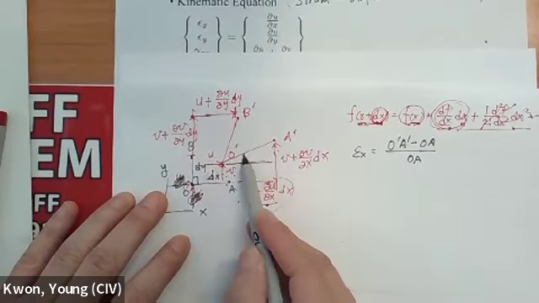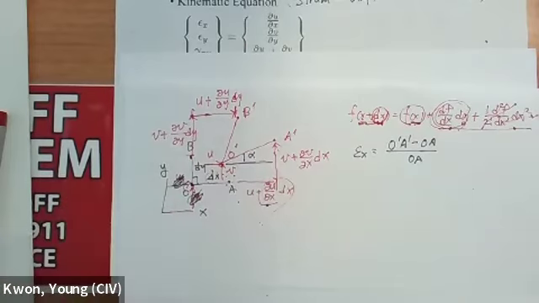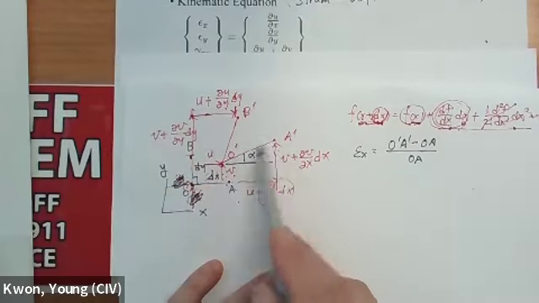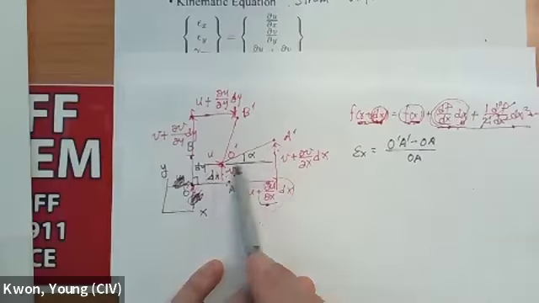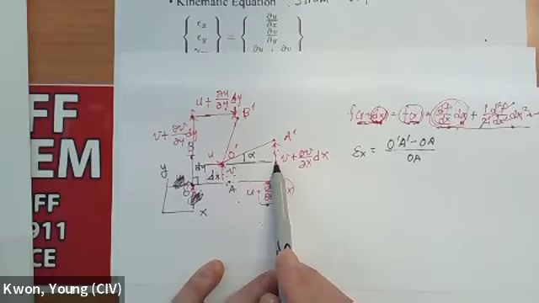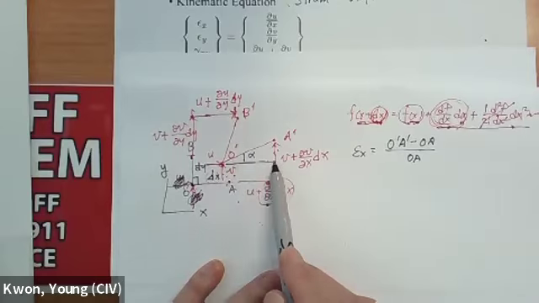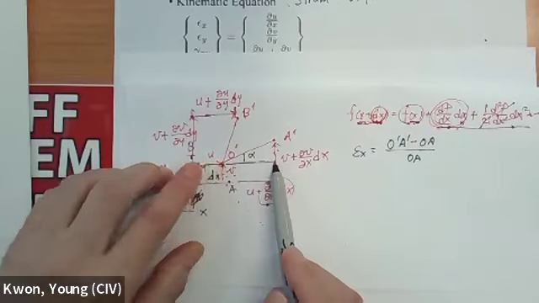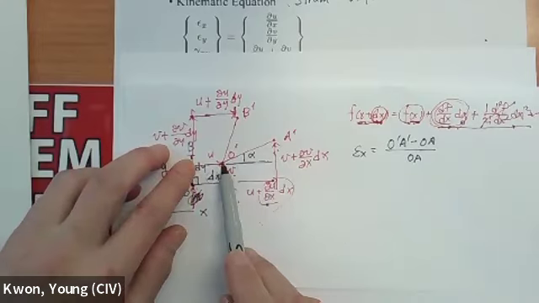However, if this angle, let's say alpha, is so small, even though I exaggerate it here, then this length is going to be the same as the change from here to here, correct? Because alpha is so small. Then how do I calculate the distance from here to here? It's from here to here plus here to here, minus this one.